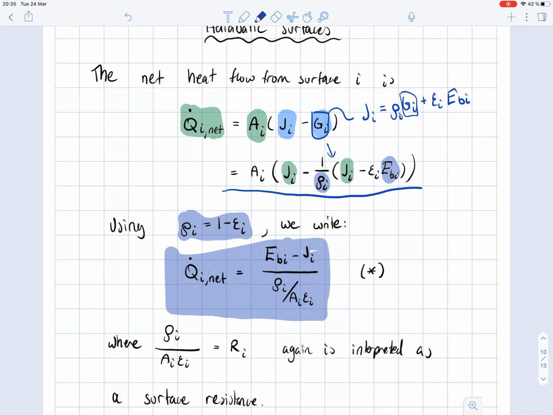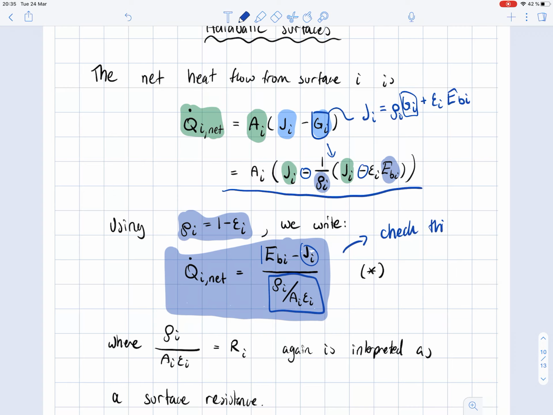Qi net, so the net heat transfer from your surface, equals the black body emitted radiation. So you see we have a minus and a minus, so it comes out as a plus, minus the radiosity divided by this thing, which is the reflectivity divided by the surface area multiplied with the emissivity.